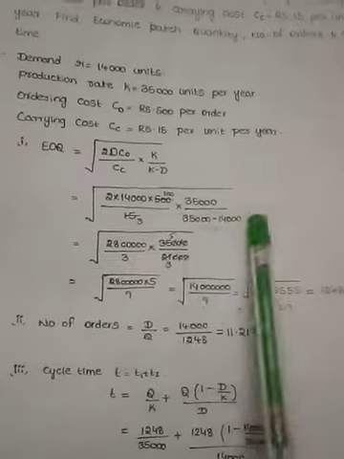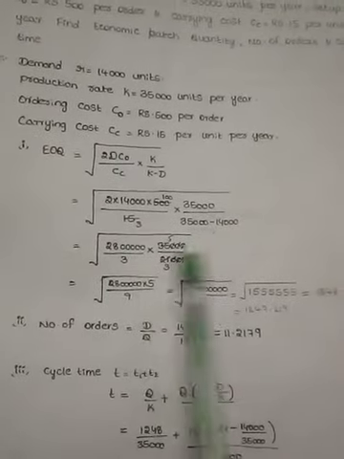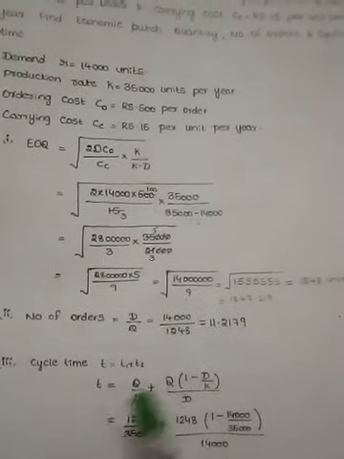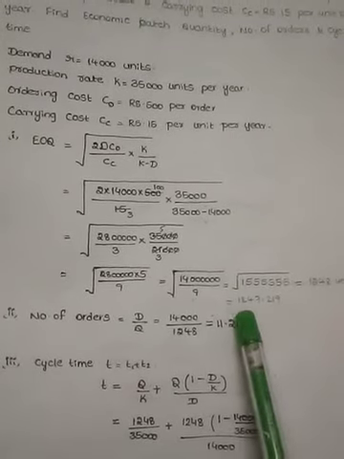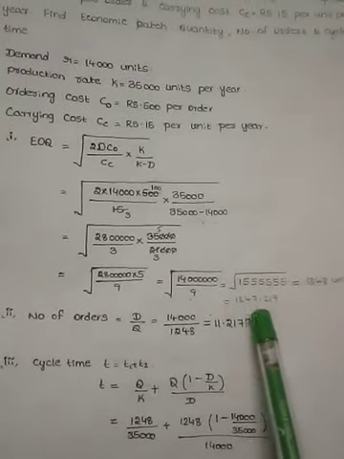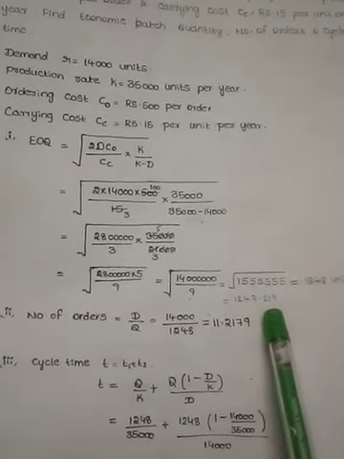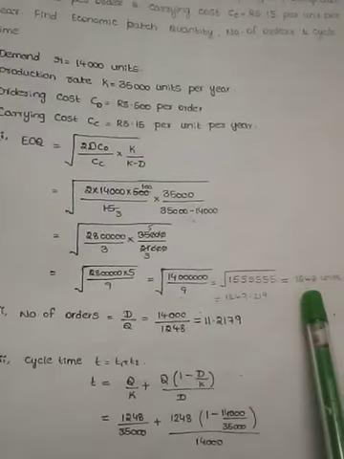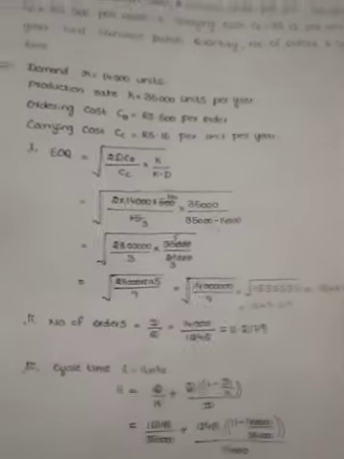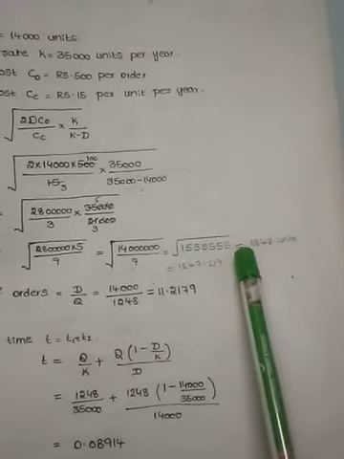By doing the calculations, we get the value 1247.219. Approximately the value is 1248 units.